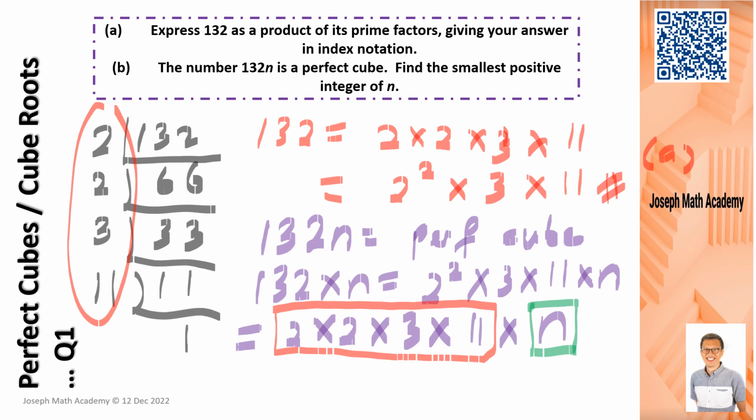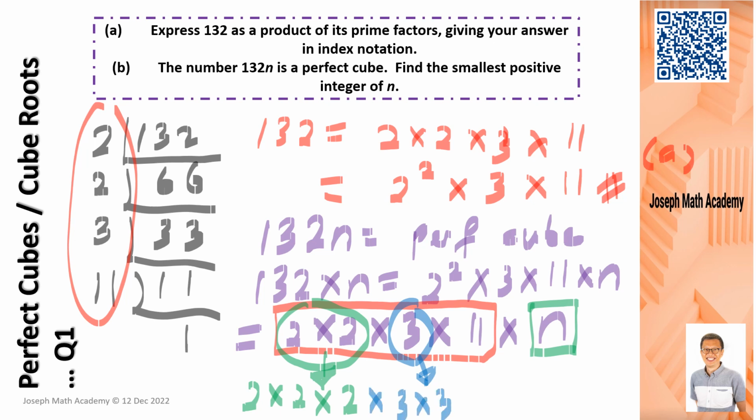Let's take a quick look. Over here, we only have a set of 2, which is insufficient, so we need one more 2. It must be a set of 3. Next, over here, we have only one 3, so we need 2 more, then we get a set of 3.